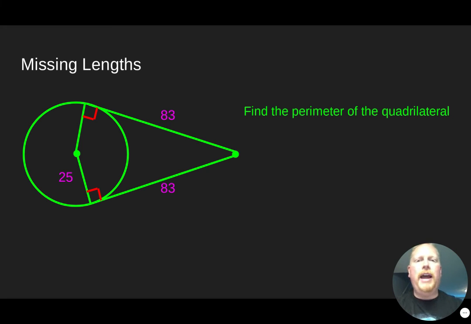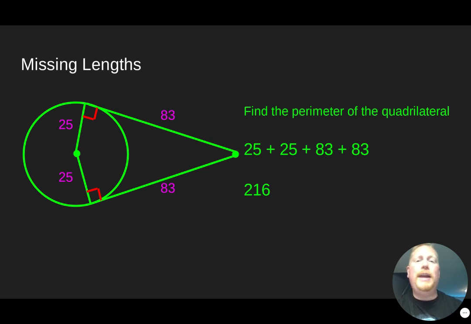It's good that those match because we just said that they had to be congruent. And if this radius is 25, that means the other radius has to be 25. So to find the perimeter, all I have to do is add all those things up. So 25 plus 25 plus 83 plus 83 gives us a grand total of 216.